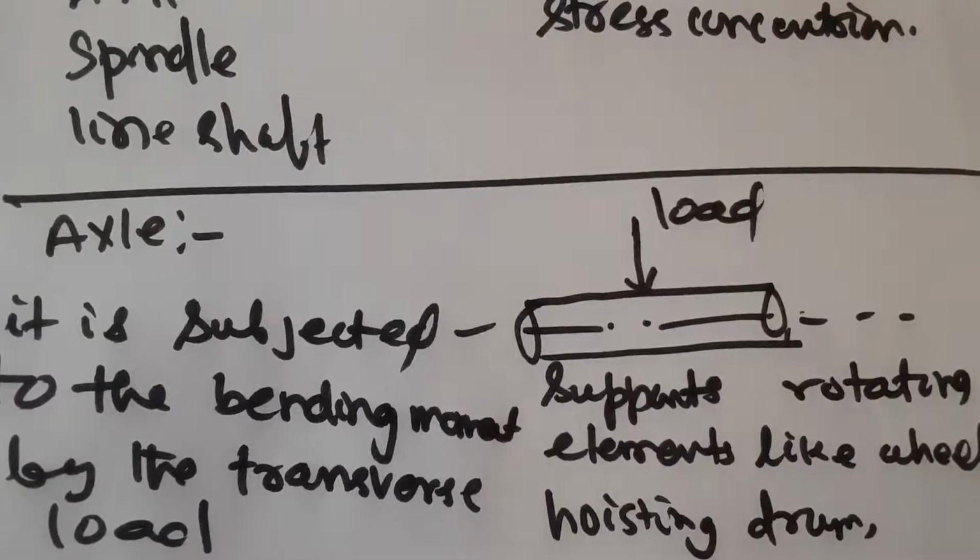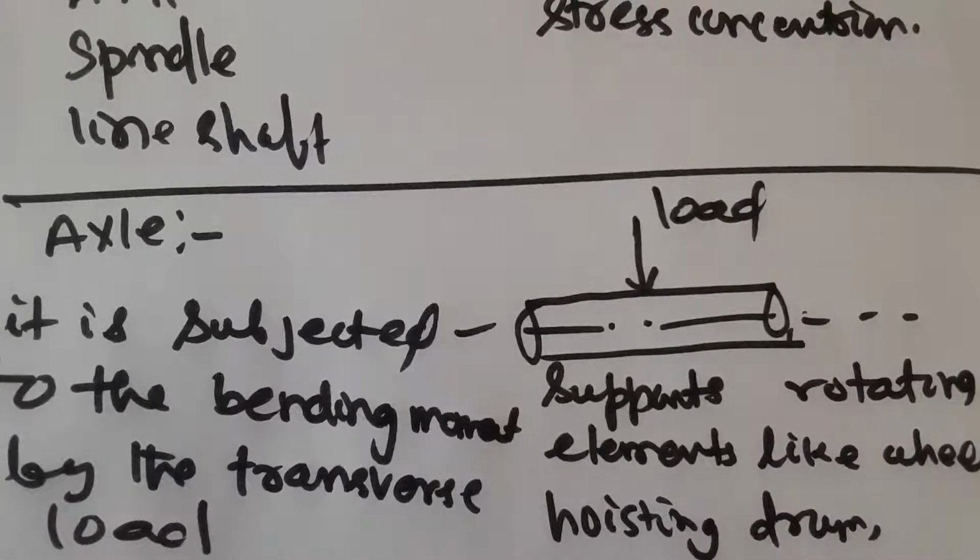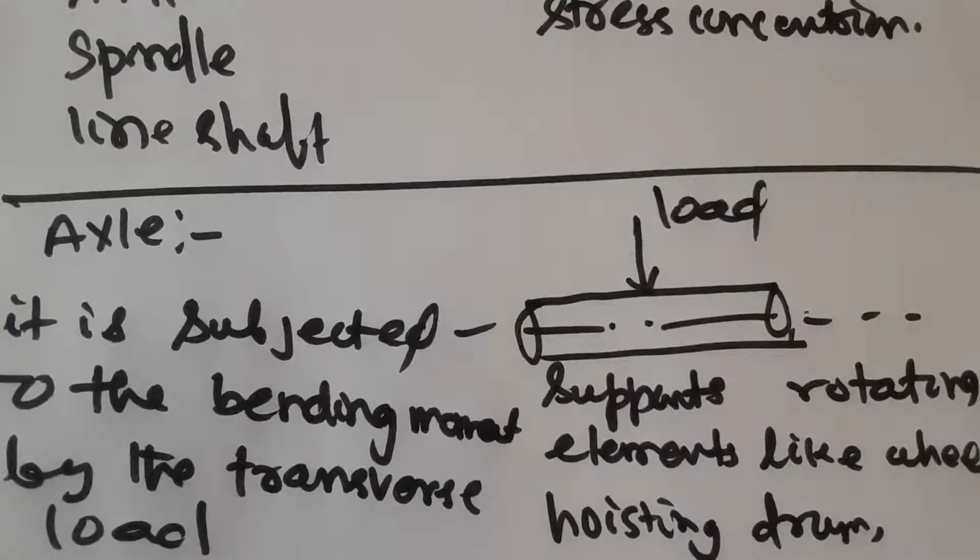and that's why normally it happens. But occasionally axles are also transmitting torque. For example, the automobile rear axle. The axle may also rotate and the wheel is supported on it.